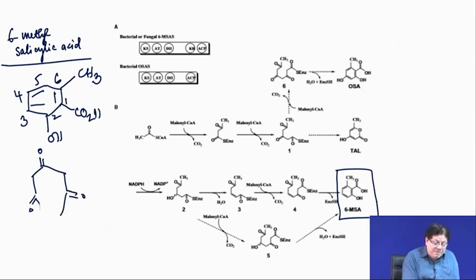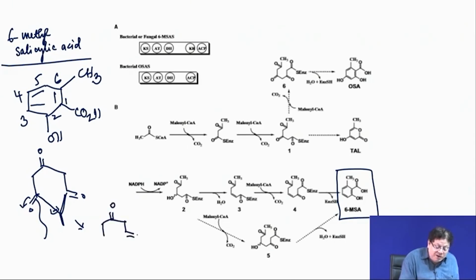Suppose at some point of time this is made. Now, tricarbonyl compounds, if they cyclize, they can undergo aldol condensation. Suppose this carbon attacks here, forms a wedge, and then the wedge dehydrates. Okay. So, if that happens, what will you get?